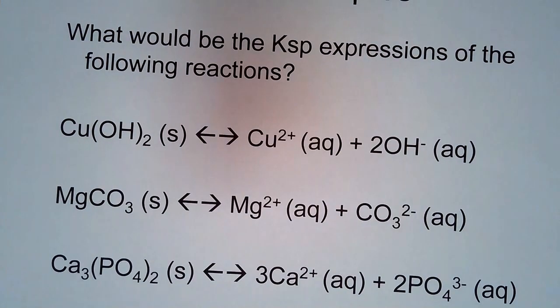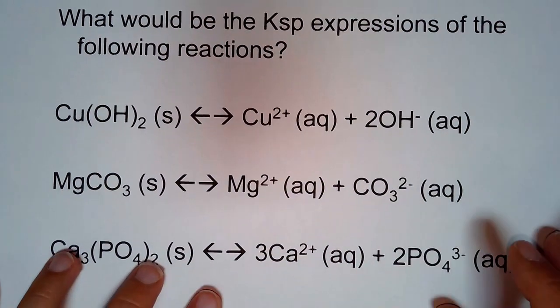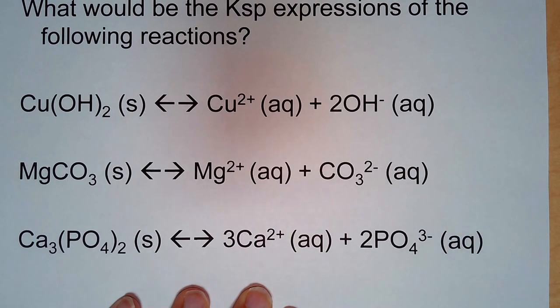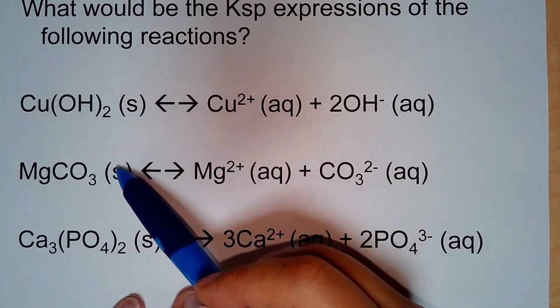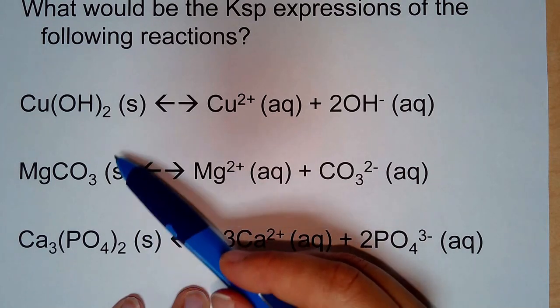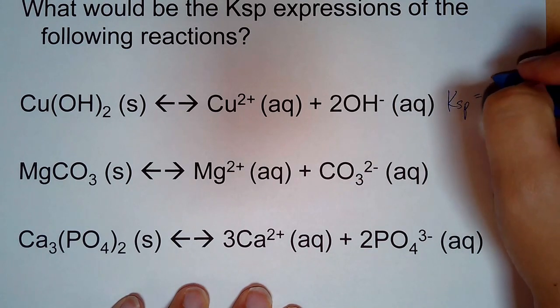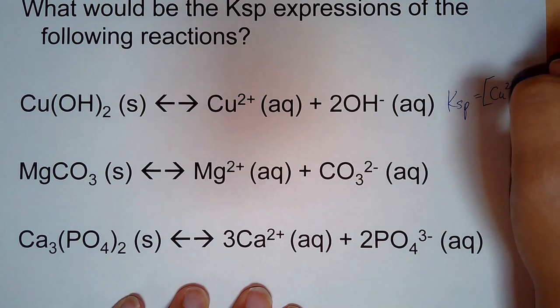These are actually simpler because we can ignore the reactant side because they're all solids. So our KSP is just going to be our ions in our product side raised to their coefficients.